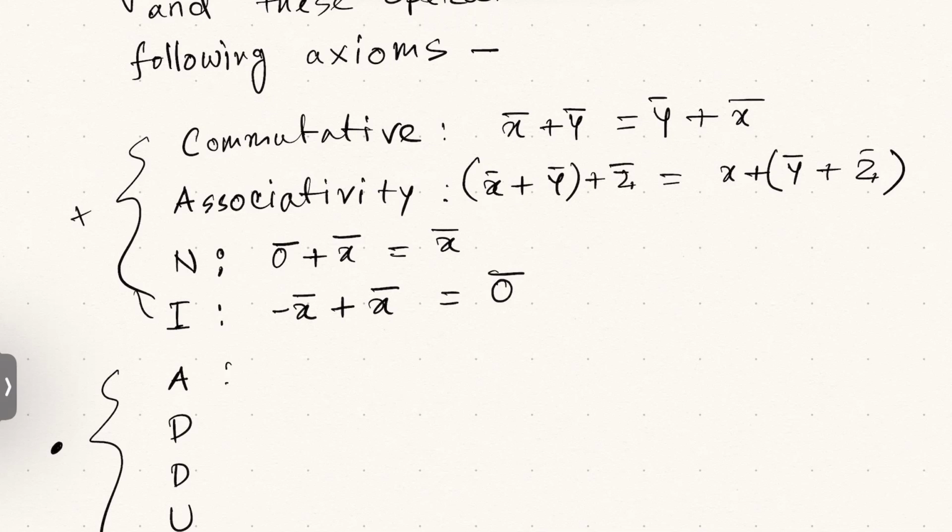Then again there is an associativity, and this associativity is for the scalar multiplication.